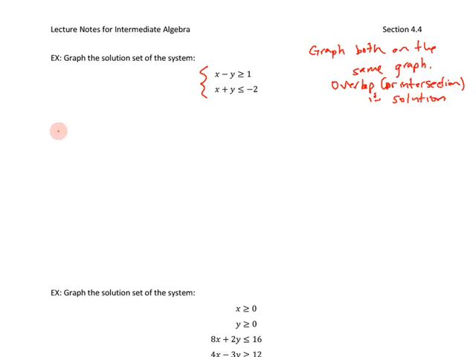So I would start with x minus y equals 1, that is starting with the first inequality, and graph that using my technique of picking the x and y intercept. Plugging in y equals 0 gives me x equals 1, right? 0 here means x equals 1. Plugging in 0 for x, I get negative y is equal to 1, or y is equal to -1.